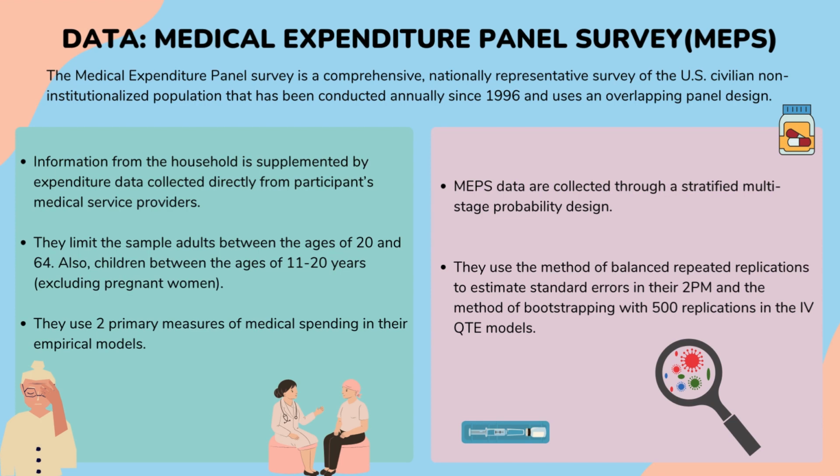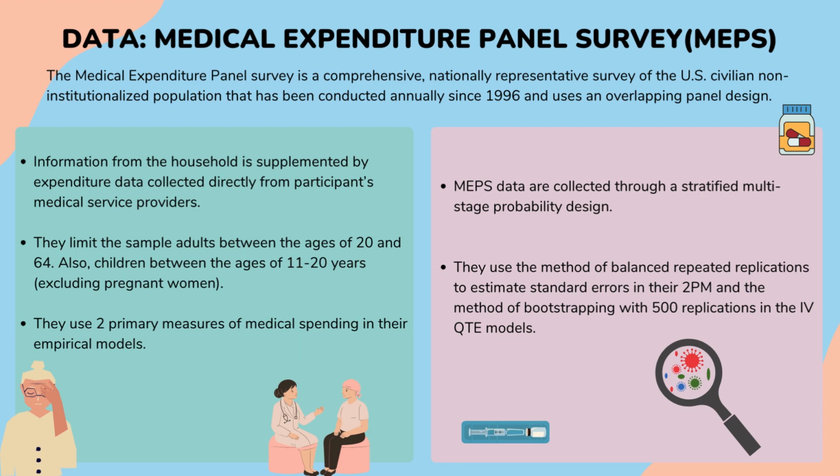Data: Medical Expenditure Panel Survey, or MEPS. The Medical Expenditure Panel Survey is a comprehensive, nationally representative survey of the United States civilian non-institutionalized population that has been conducted annually since 1996 and uses an overlapping panel design.